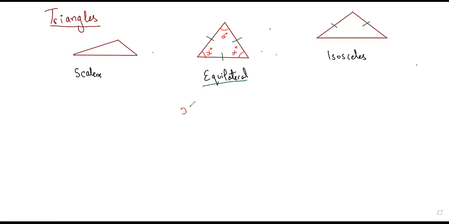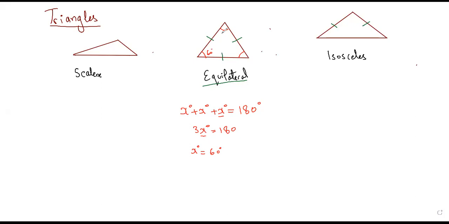So what do we know? x degrees plus x degrees plus x degrees is 180 degrees. We need to find x. That's very easy. x plus x plus x is 3x degrees equal 180. I can find x by dividing by 3 on the other side. So x would be 60 degrees. This means that every equilateral triangle has equal angles and that angle is 60 degrees.